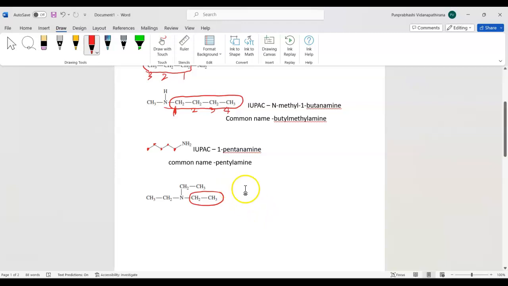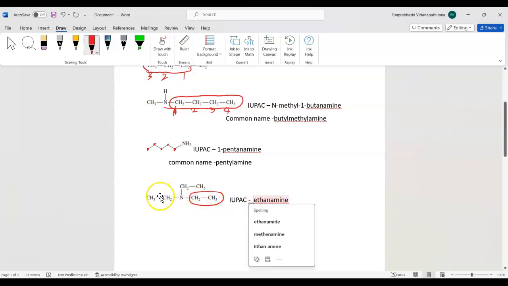We can just start with ethanamine. So that's how we're going to do any name. Since the main chain has 2 carbons, we start with ethane, and replacing the E, we get ethanamine.